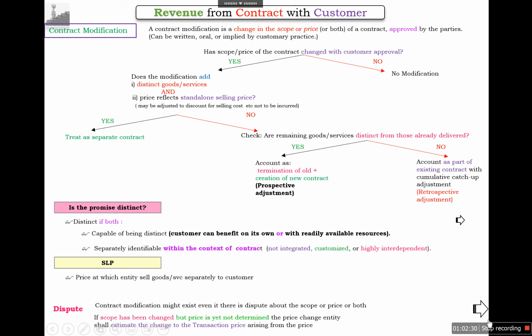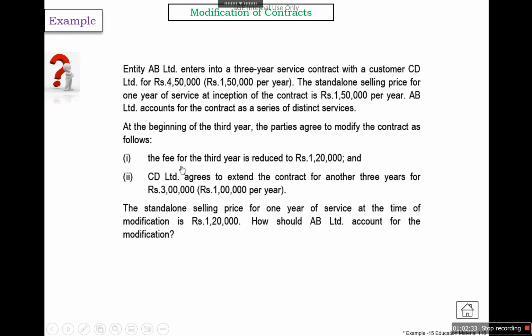So let's discuss some more examples. Entity AB enters into a 3-year service contract with customer CD Limited for 4,50,000, that is 1,50,000 per year. The standalone selling price for 1 year of services at the inception of the contract is 1,50,000. AB Limited accounts for the contract as a series of distinct services.